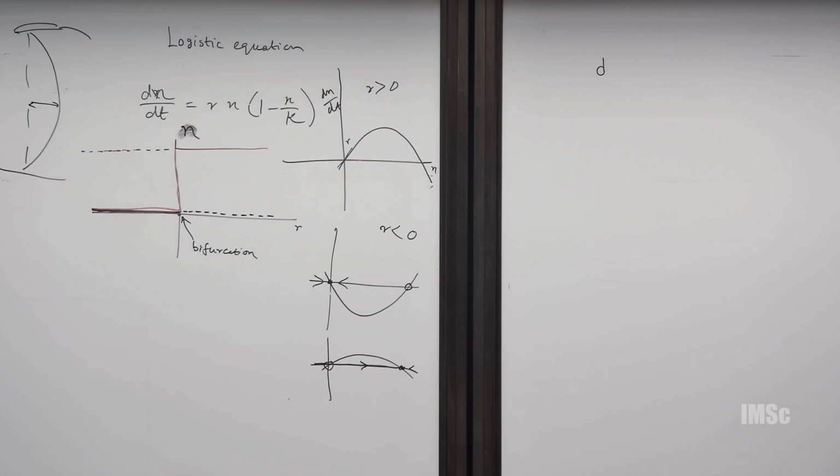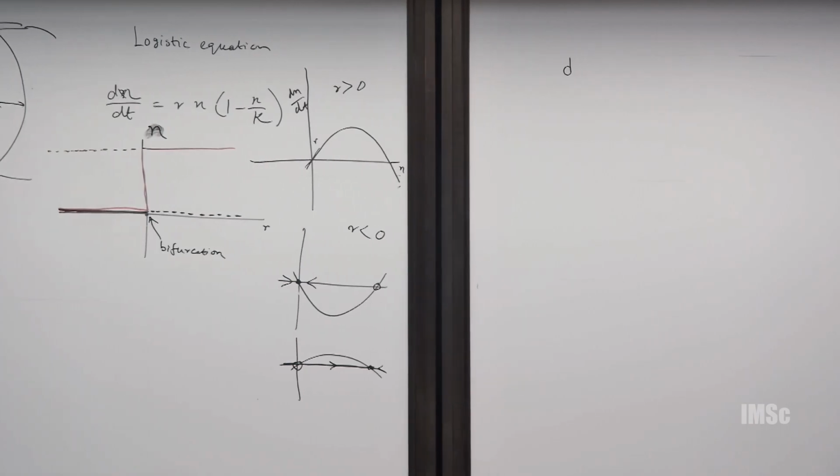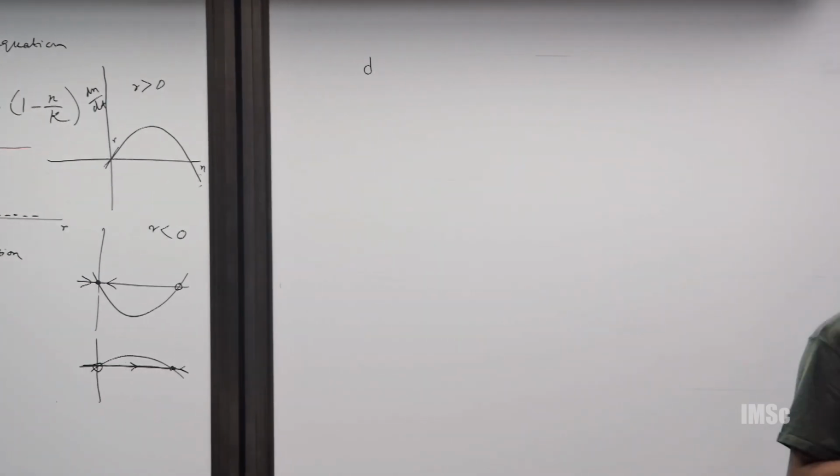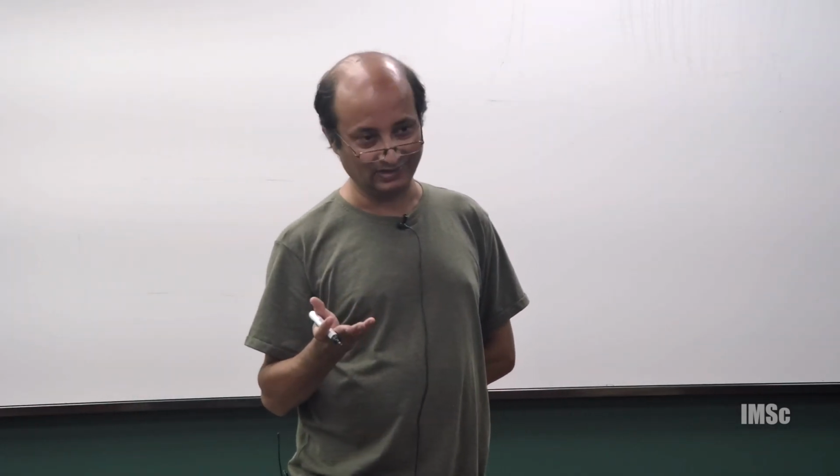You could argue that close to it, it's just behaving as Rn. So the carrying capacity, it's a good point. Actually, what you are saying is that the carrying capacity itself has no meaning in a sink habitat, right? Because it cannot actually sustain anything beyond 0. So ideally I should just write it as dn/dt equal to Rn.